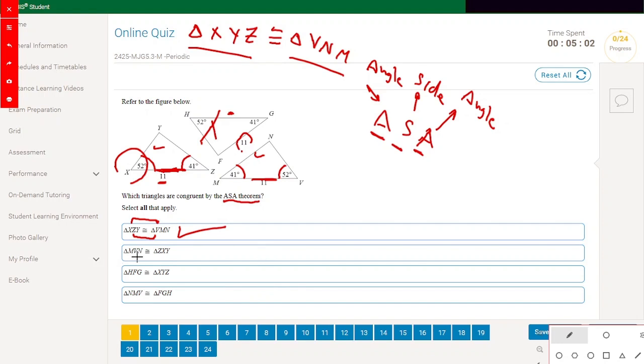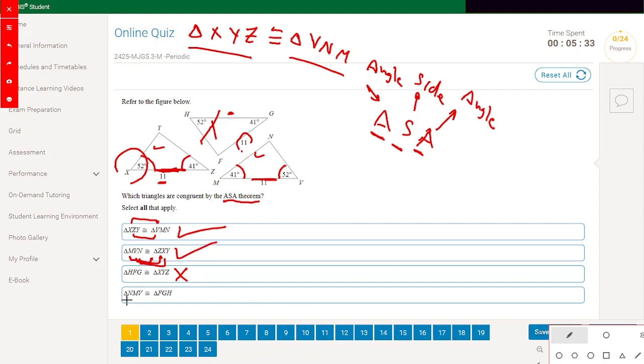Second one, MVN congruent with triangle ZXY. M congruent to Z, yes, right. V congruent with X, yes, both are 52. And N congruent to Y, so this is also a right answer. Now, triangle HFG is congruent with triangle XYZ, we said no. This is not a right answer.